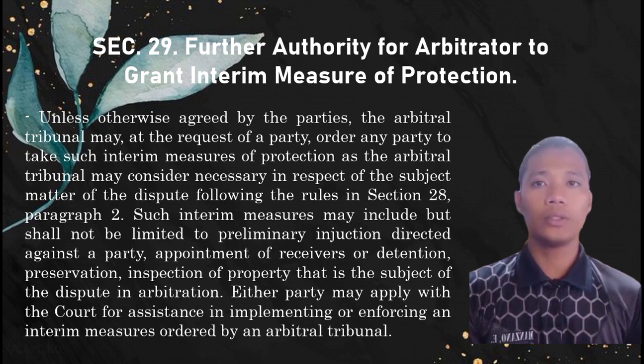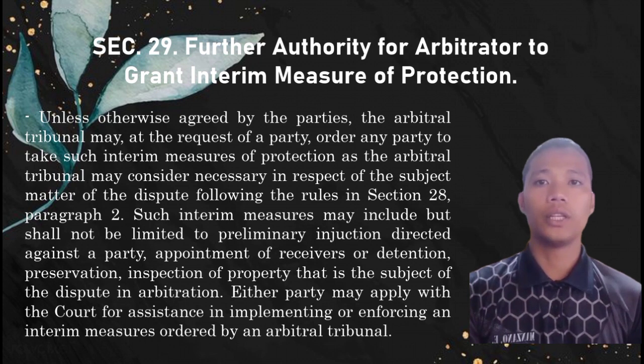The arbitral tribunal, upon the request of a party, is empowered to order any party to undertake interim measures of protection. Number 2. Nature of interim measures. The nature of these interim measures is broad and may cover various actions that the tribunal deems necessary in relation to the subject matter of the dispute.